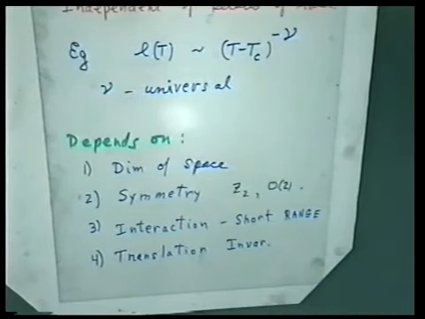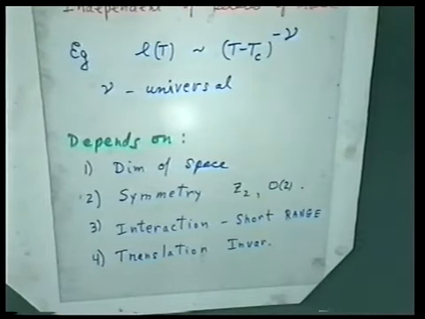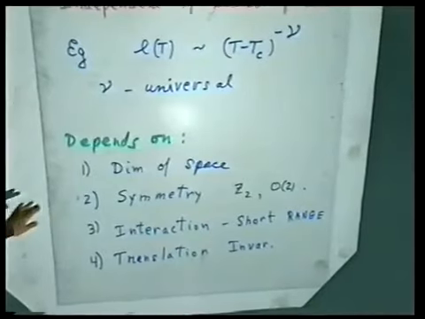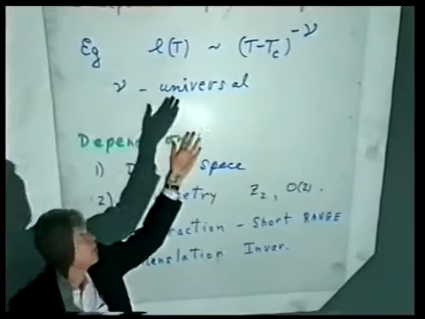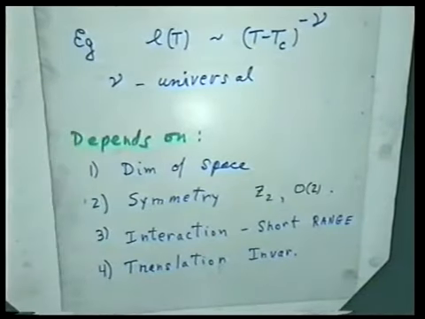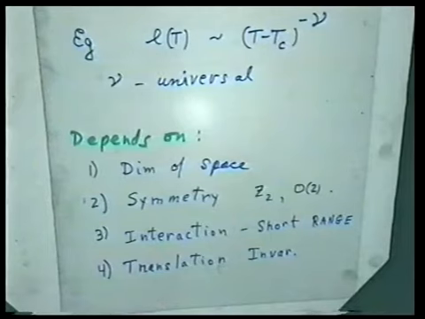If I have a magnet, or a liquid film, or a full three-dimensional liquid, or if I imagine I could do experiments in higher dimensions, then the dimension of the space will change the singularities that one sees. It will change the long-distance behavior. So dimension of space is of primary importance, as we'll see.